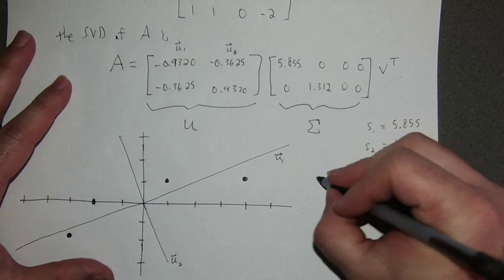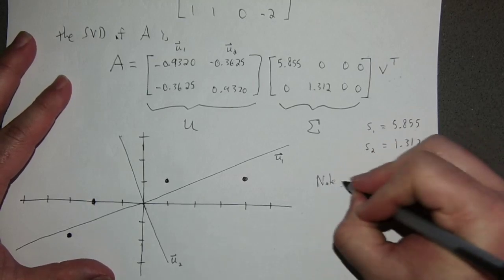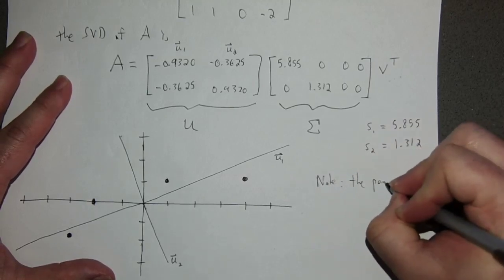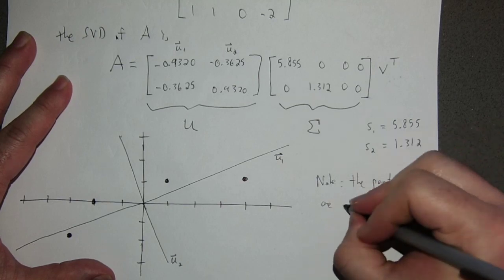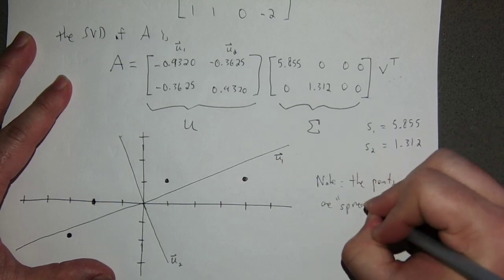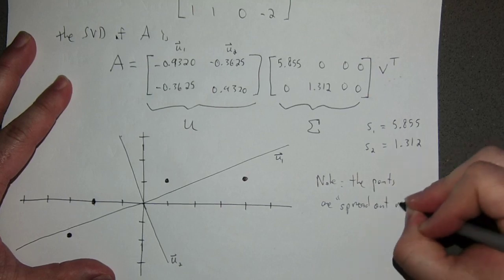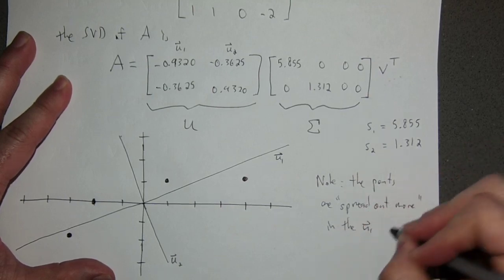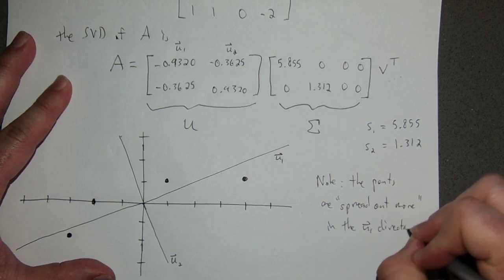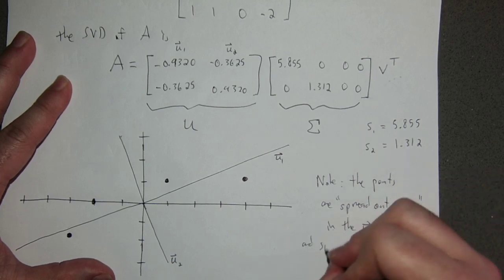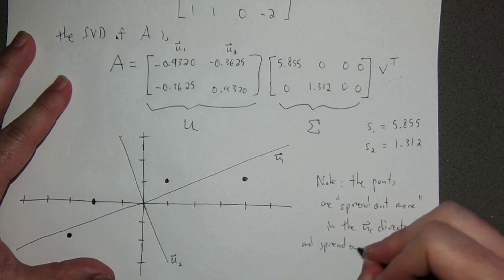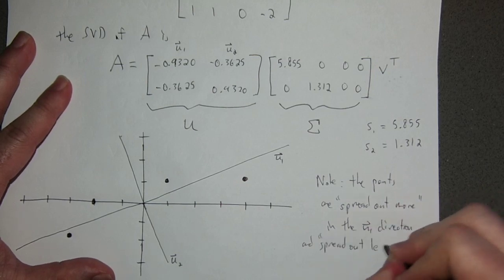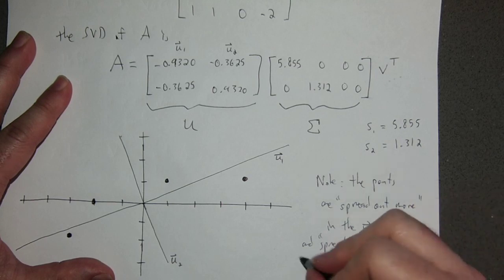So note the points are spread out more in the u sub 1 direction and spread out less in the u sub 2 direction.